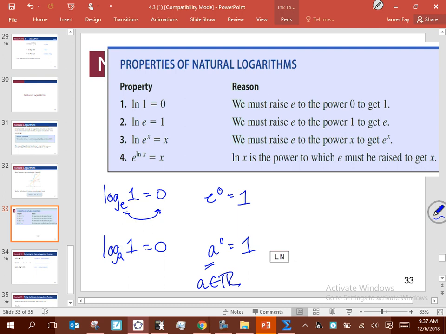Let me rephrase it. Let's say a is an element of your natural numbers, but a cannot be 1, okay? So really any real number that was positive other than 1, right?